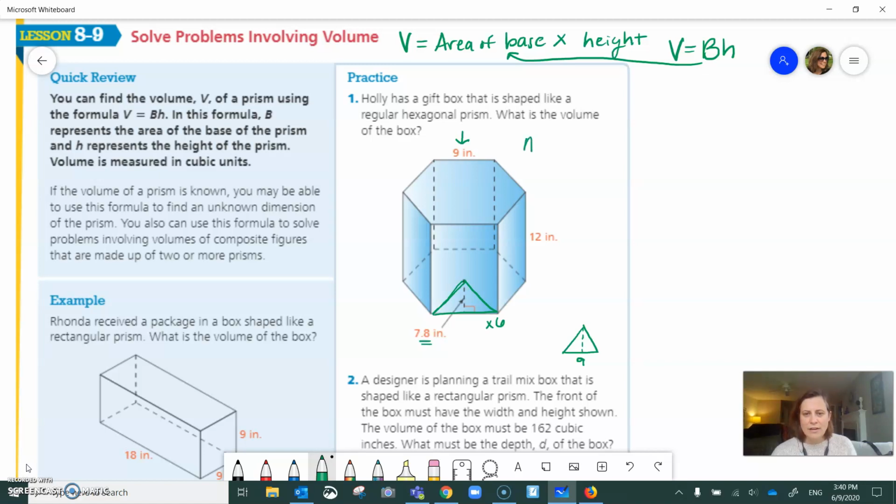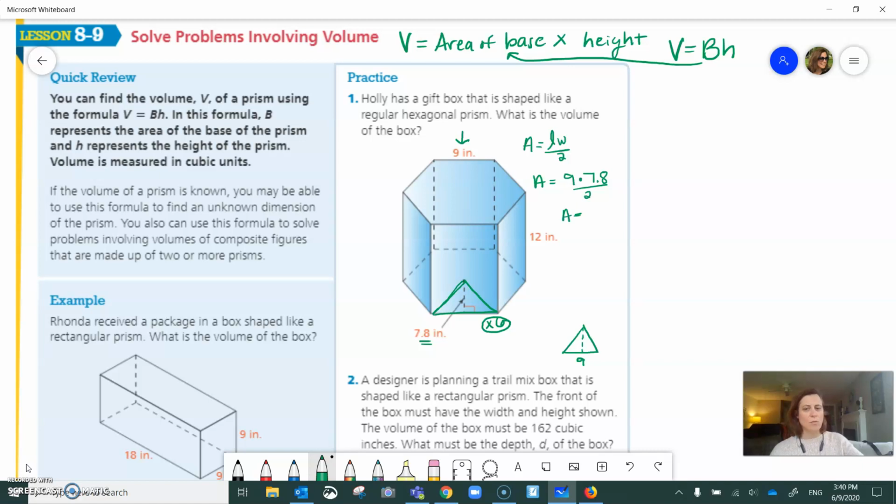And the formula for the area of a triangle, somebody who's in charge of reminding me at the end that I got to multiply it by 6. The formula for the area of a triangle is base times height, or length times width, divided by 2. So we're going to do 9 times 7.8 divided by 2.